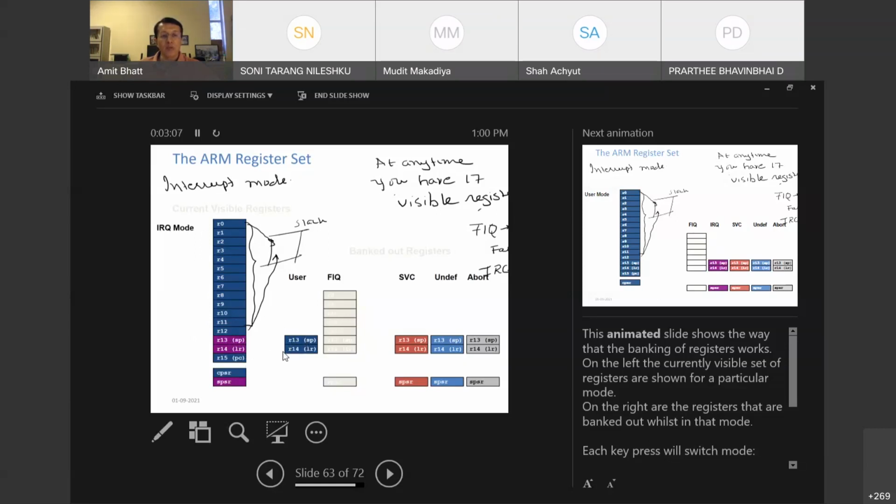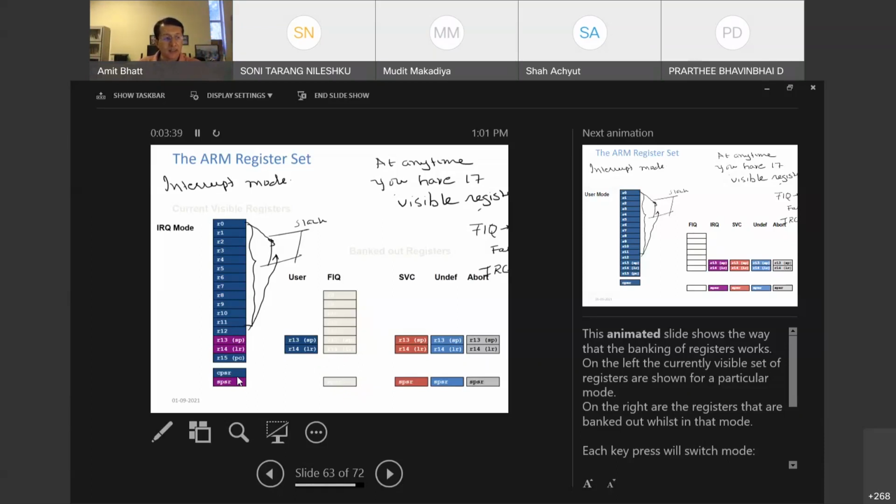Save your program counter value into R14 as a link register. And save your CPSR value into the SPSR of whatever interrupt has come. It has got its own SPSR. So you say, okay, I'm putting my user CPSR value into the saved program status register of yours, or whichever mode is called. Put it in there, and then user mode says, okay, I'm out. Now let the IRQ mode handler come in.